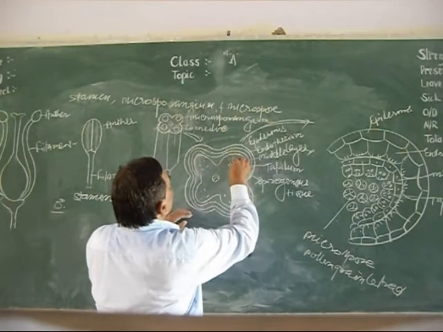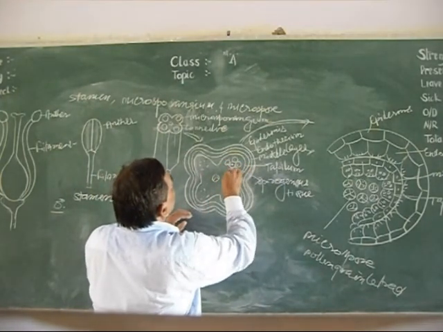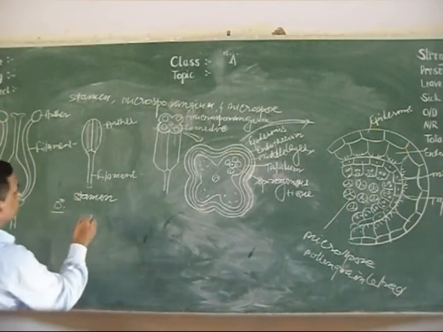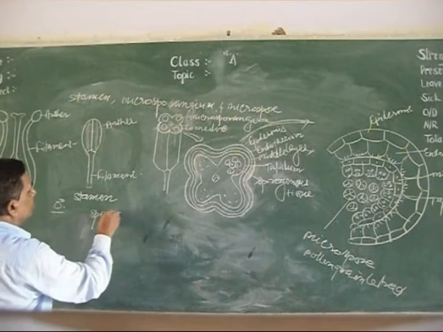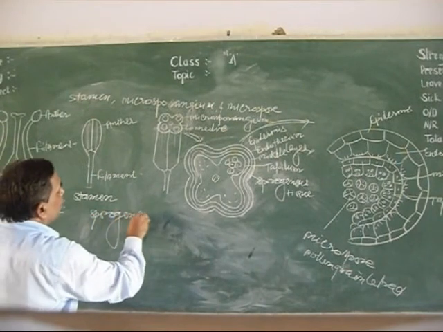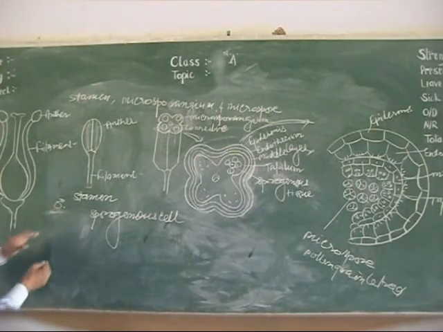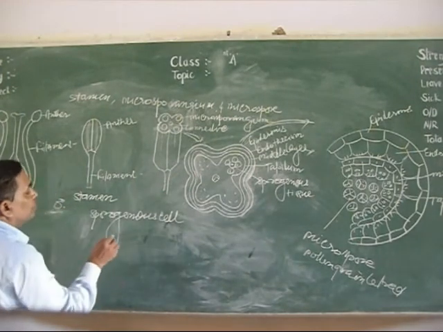How? Because there is a large amount of sporogenous tissue in the microsporangia. The sporogenous tissue is made up of a large number of sporogenous cells.